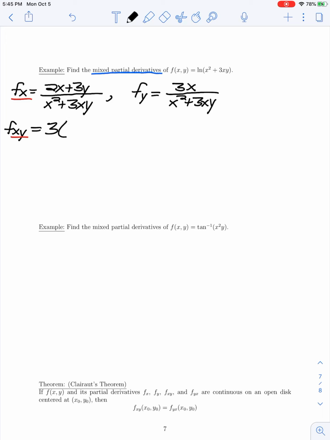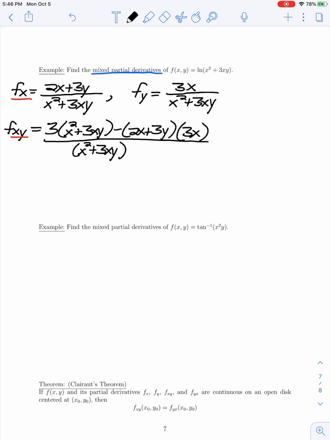So we would have 3 times our denominator, x squared plus 3xy, minus the numerator, 2x plus 3y, times the derivative of the denominator with respect to y, which would give us a 3x. And this is all over the denominator squared.